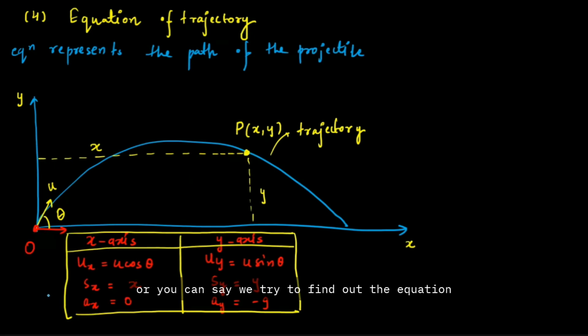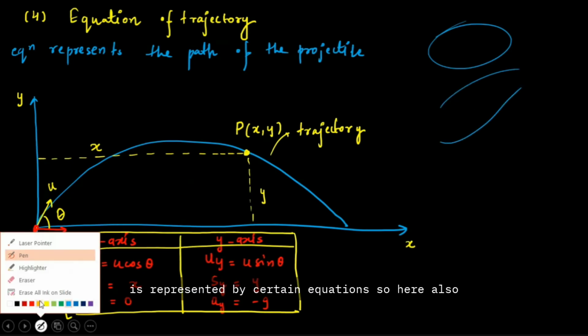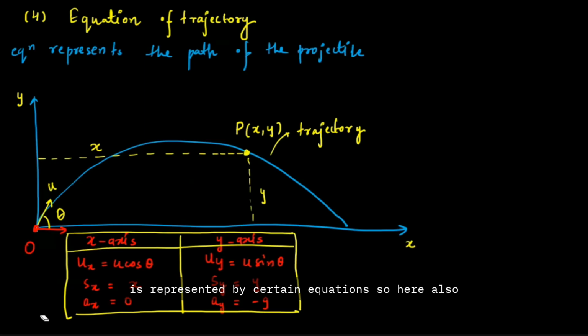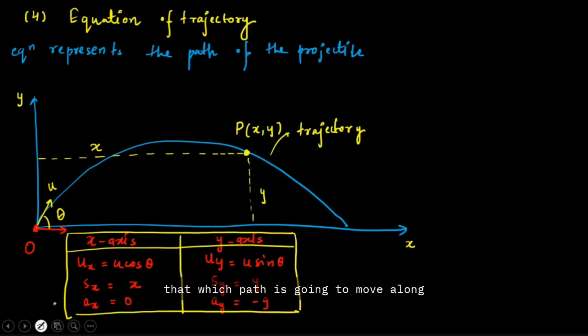Like in maths also, there are many equations which represent certain figures. For example, circle, ellipse, hyperbola, parabola, everything is represented by certain equations. So here also, when we are talking about projectile motion, we'll try to express which equation it follows. If we are able to understand which equation it follows, we can also talk about which path it is going to move along.